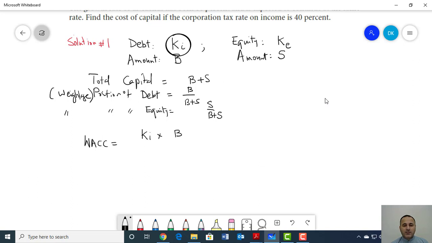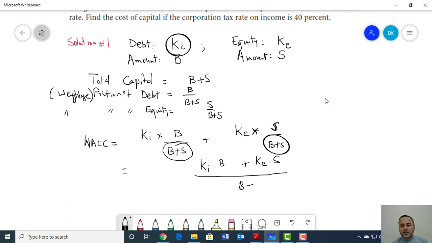So the weight for bond is B divided by B plus S, and then multiplied by KE, sorry, S divided by B plus S. This portion is common, so we can write KI into B plus KE into S, divided by B plus S. Super easy. Everything is given in letters. So this is the solution for question number 1.